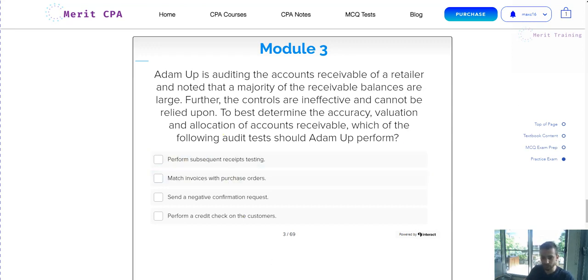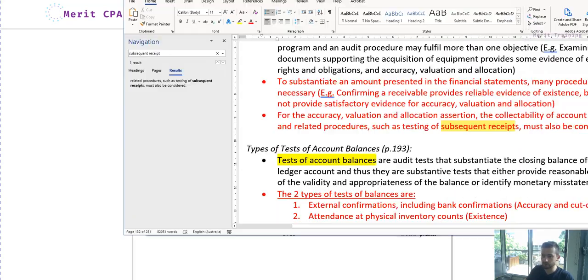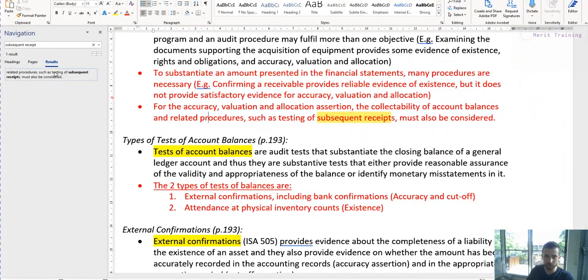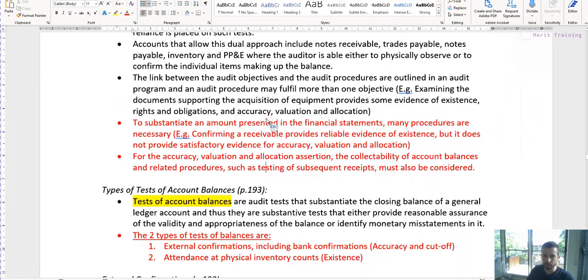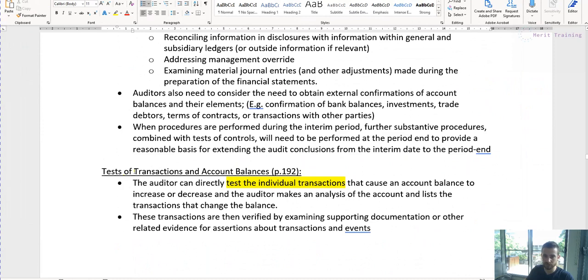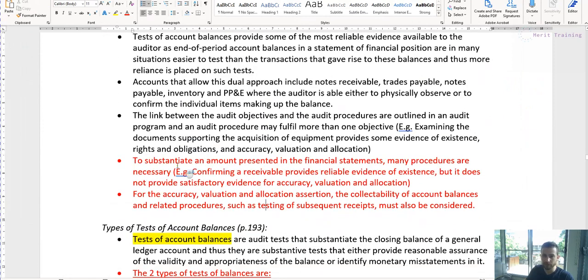And also, if you do a Control F in your notes for subsequent receipts testing, you'll notice that the only instance there actually takes you straight to this section in the notes, which is about tests of transaction account balances. And it says here that for the accuracy, valuation, and allocation assertion, the collectability of accounts balances and related procedures, testing of subsequent receipts must also be considered.